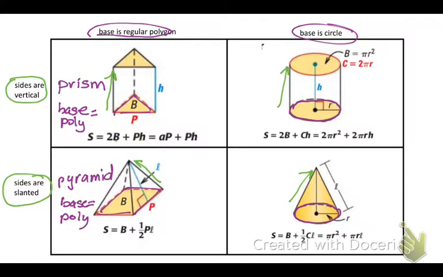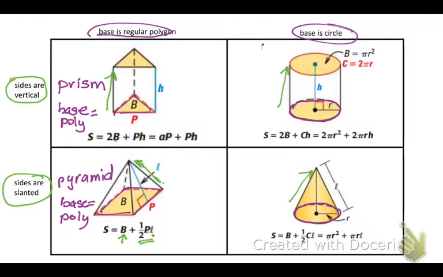You've only got one base, so you just have a B. And then instead of the perimeter times the height, you're going to have the slant height, which is L, and because you don't have that top base, there's a lot of area that's missing there, so you're going to have to take half of the perimeter.